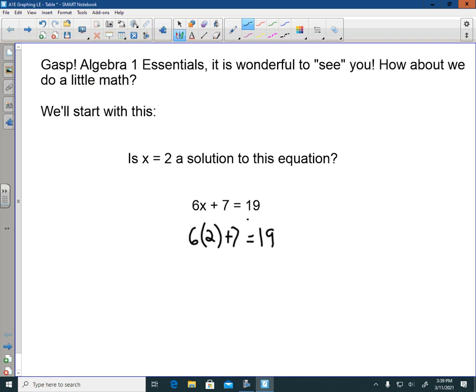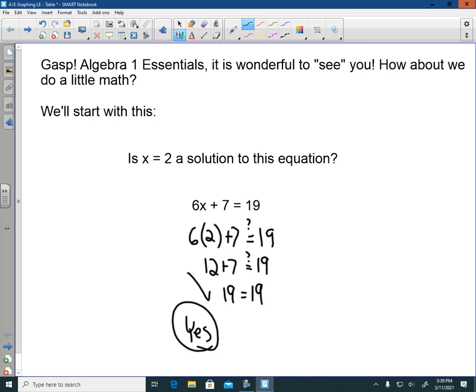And let's put a little question mark over that because we're not really sure yet. So 6 times 2 is 12. Plus 7, is that the same as 19? Yeah, it is. And so since we have 19 equals 19, a true statement, then the answer is yes, 2 is a solution to this equation.